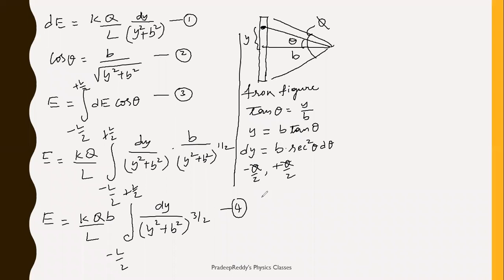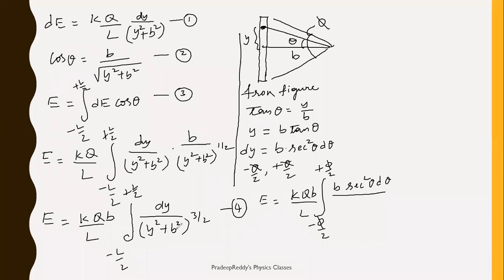So it will be E is equal to K capital Q B divided by L, integration from minus pi by 2 to plus pi by 2, and dy I can write as b secant square theta d theta divided by y square. Y square is b square tan square theta.